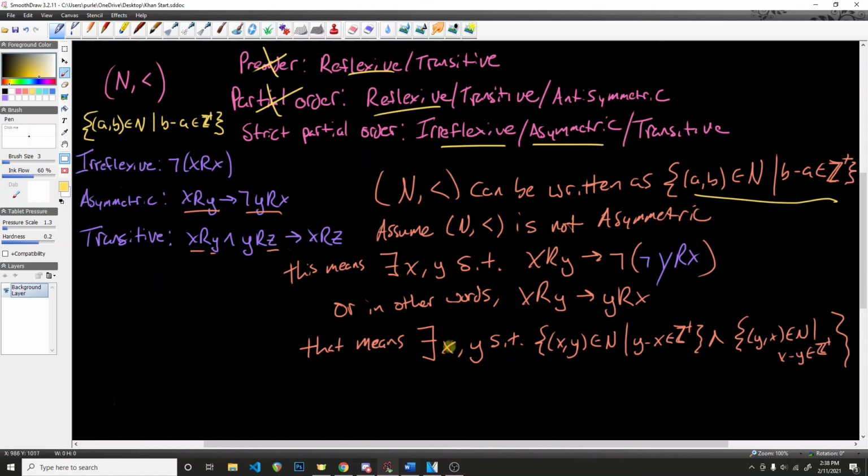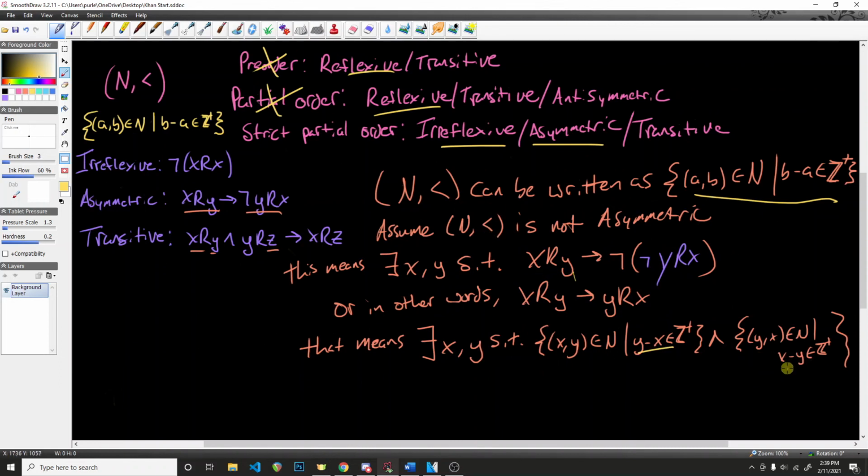We're just making sure that it applies to x and y. This is our relationship of xRy. Instead of a and b, we have x and y. And then we're going to have our relation of yRx. And instead of a and b, we're going to have y and x. So both of these cases need to be true based on what we have right here, which we're saying is our definition of what it means to not be asymmetric.